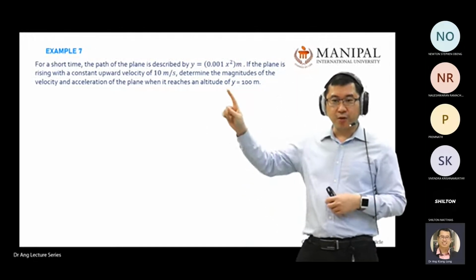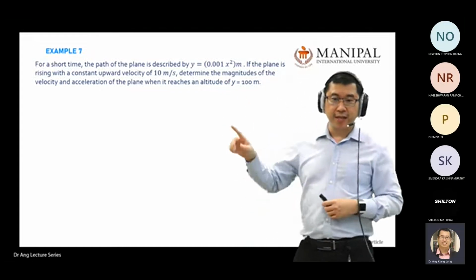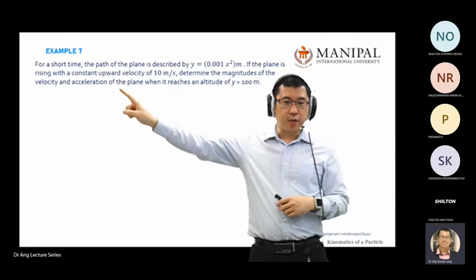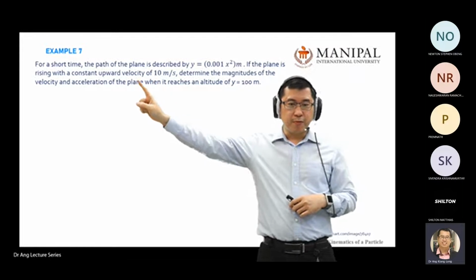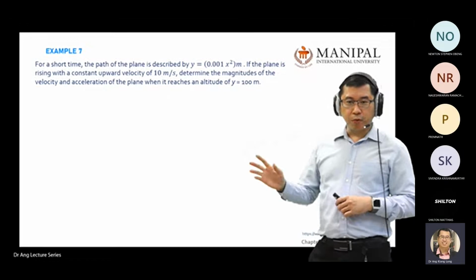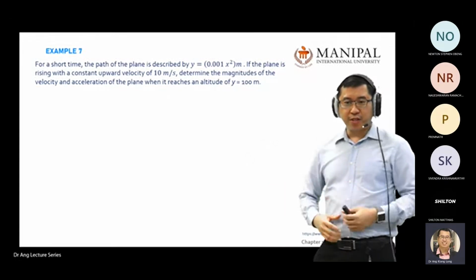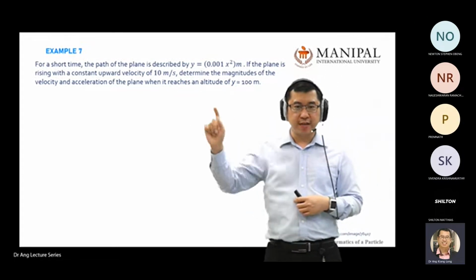This is a quadratic equation with positive a, so it's a smiling face, right? So if the plane is rising with constant upward velocity 10 meter per second. Up to here, are you able to extract information from these two lines?